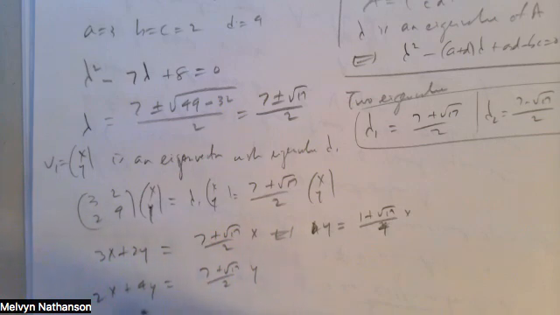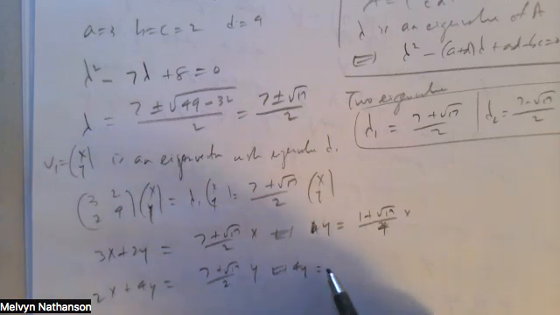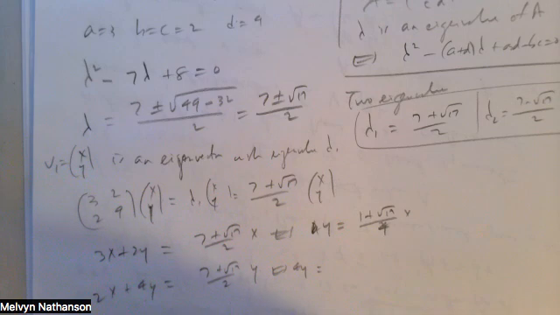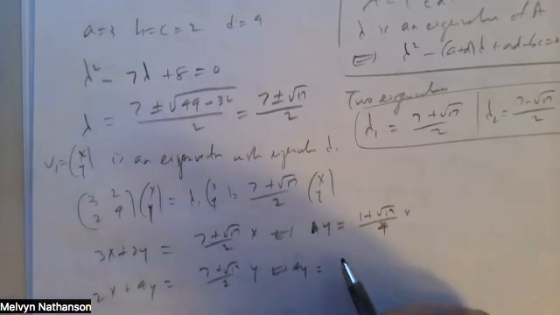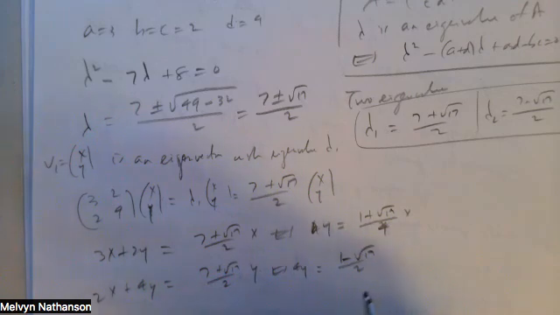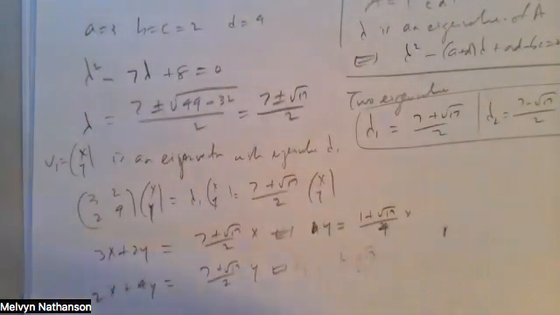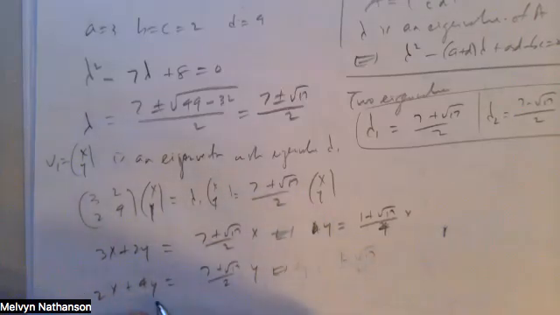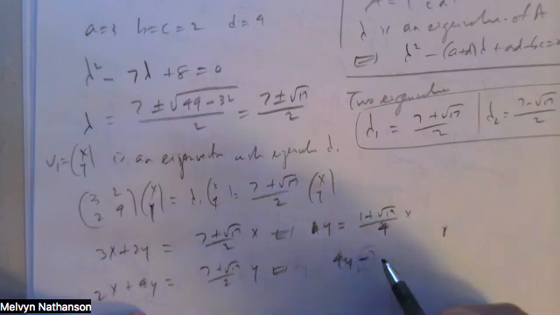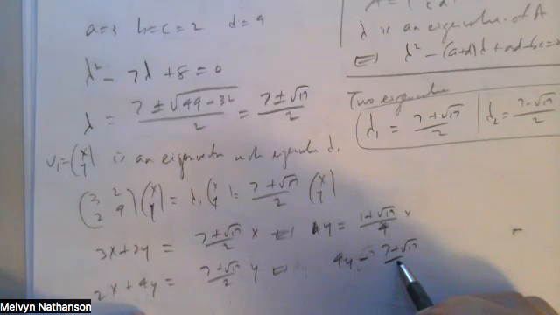This equation should have the same solution. Let's see, this says that 4y minus (7 plus root 17) over 2 times y, what is that? 4 minus 7 halves is 1 half.